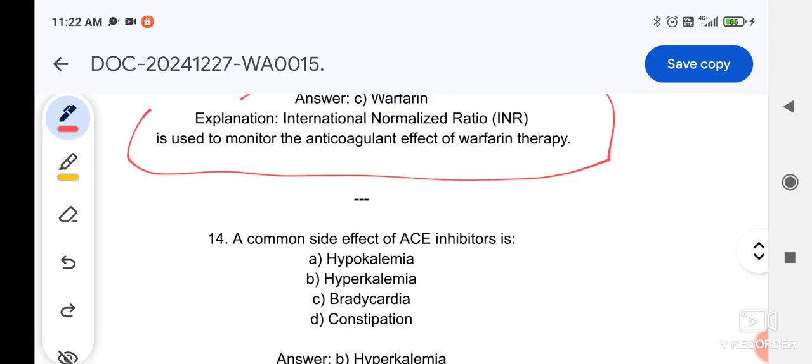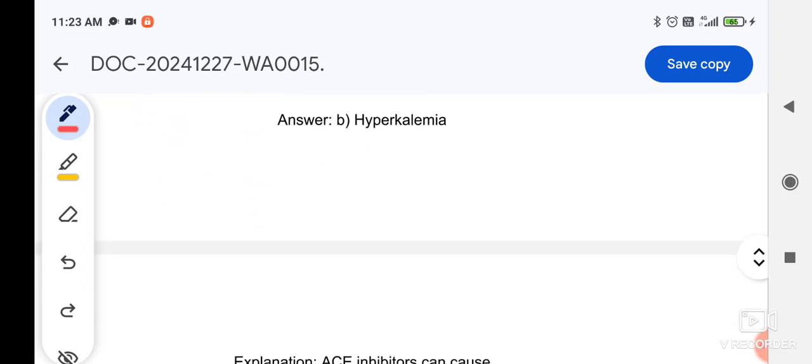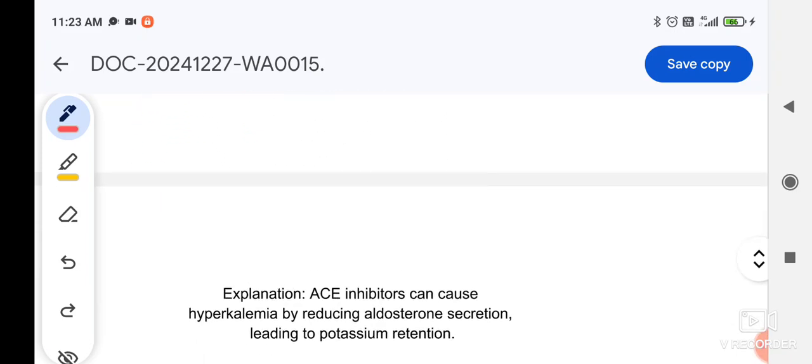A common side effect of ACE inhibitors: option A hypokalemia, option B hyperkalemia, option C bradycardia, option D constipation. So a common side effect of ACE inhibitors is option B, that is hyperkalemia. The reason is that ACE inhibitors can cause hyperkalemia by reducing aldosterone secretion.